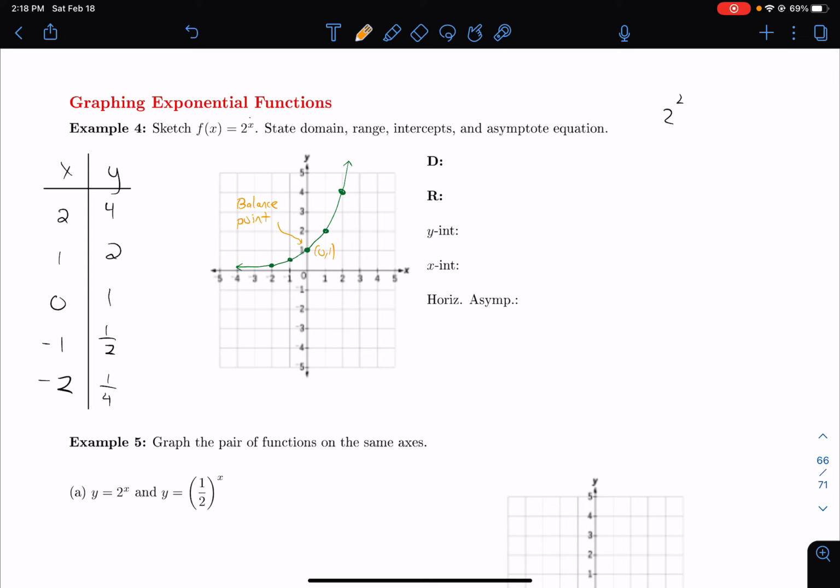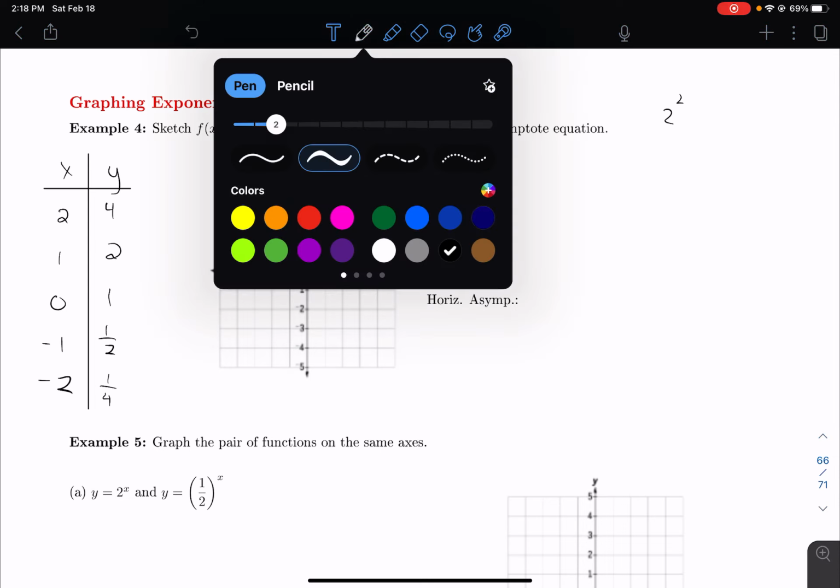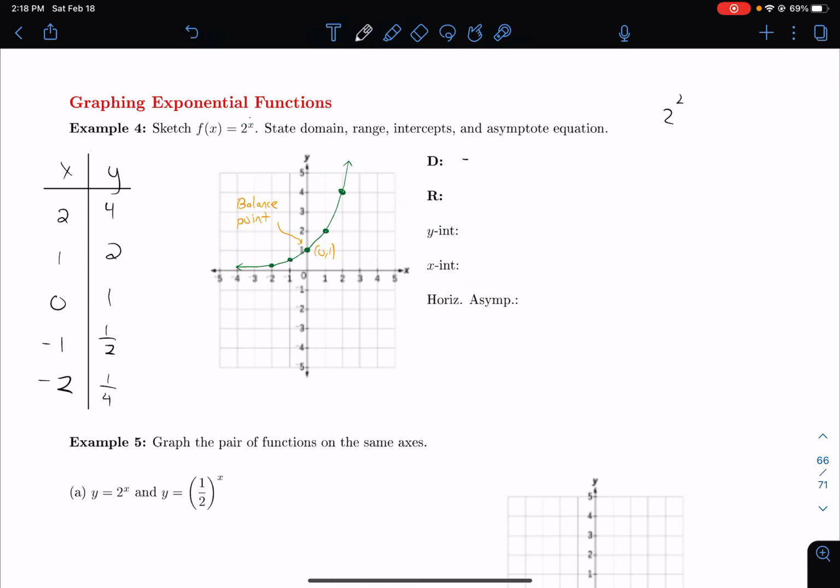Okay, so what's the domain? X can be anything, -infinity to +infinity. The range, my y values, well, the y values get very, very close to 0, but they never equal 0, so parentheses at 0, and then onwards to infinity.